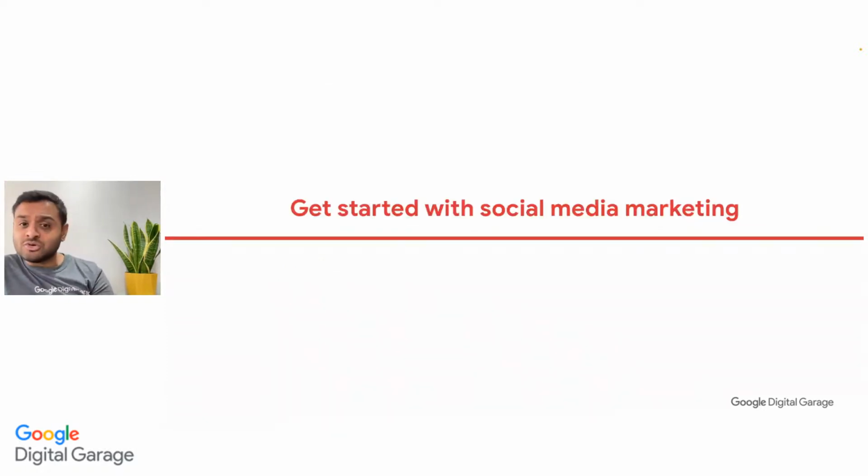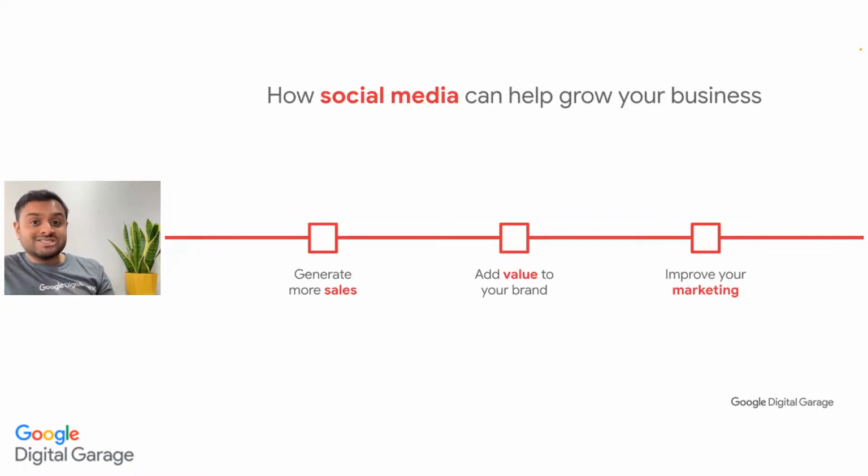You've then got another digital marketing channel that exists out there, which is getting started with social media marketing. Now, before we actually look at social media marketing in its entirety, let's just briefly touch upon the upsides of having a social media presence. One of the biggest factors is that we can generate sales. So the beauty of social media is in the UK, over 85% of the population are on social media.